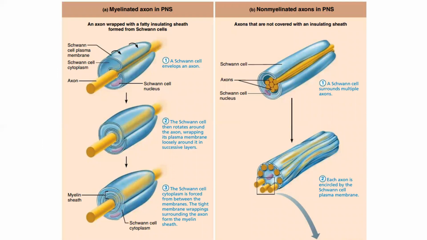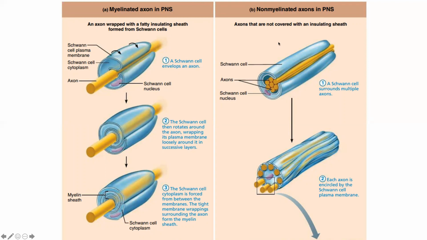So there are two types, myelinated axons and non-myelinated axons. In the peripheral nervous system, a myelinated axon, if you look at that, will be surrounded by the Schwann cell plasma membrane here. And then if you keep looking, one single axon is multiply surrounded by the myelin sheath here.